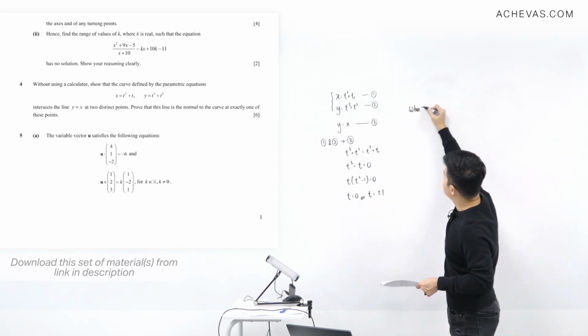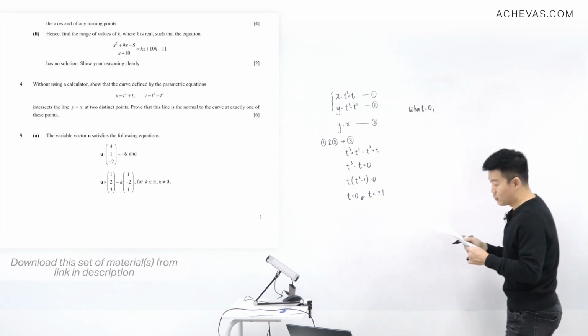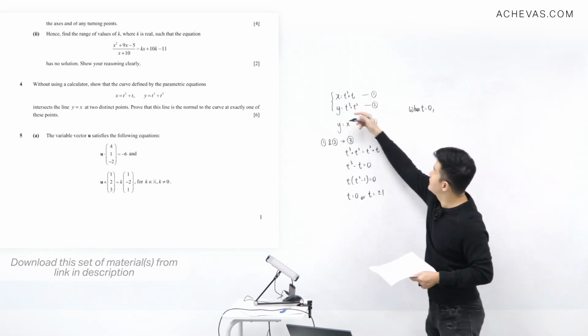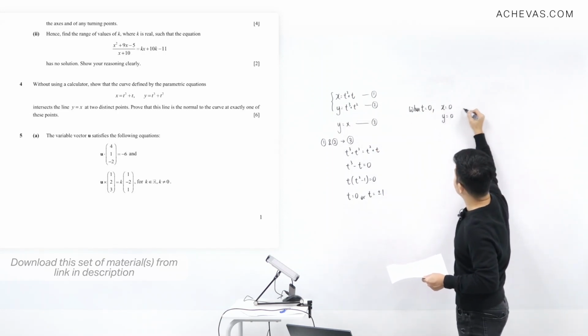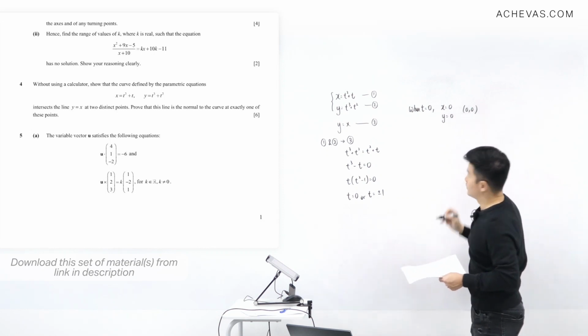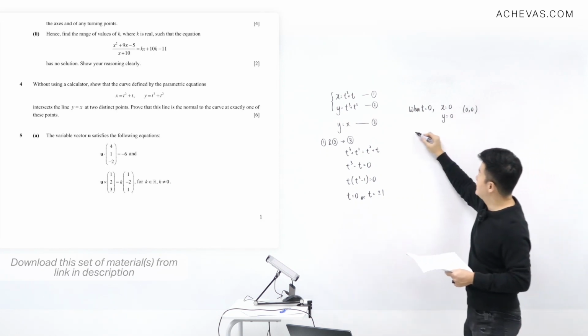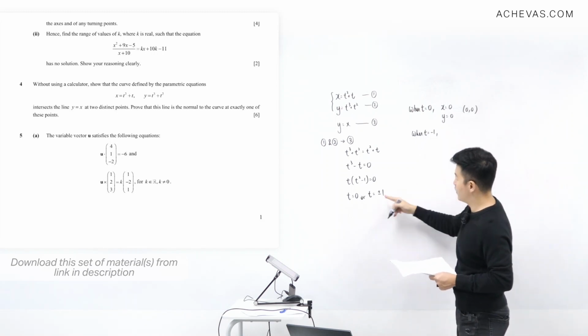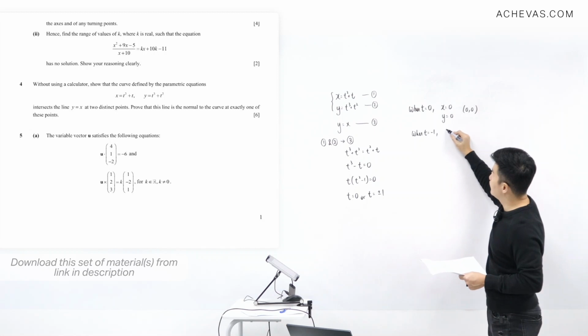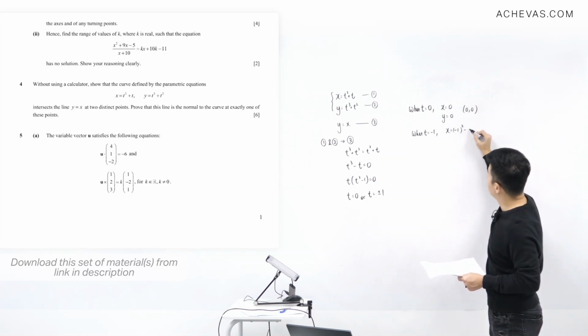So when t is equal to 0, then x is equal to 0 and y is equal to 0. So we have a point 0, 0. And when t is equal to negative 1, x is going to be equal to negative 1 squared, then plus negative 1.